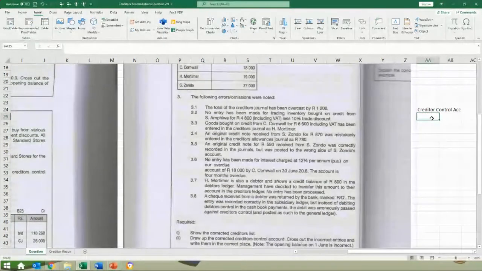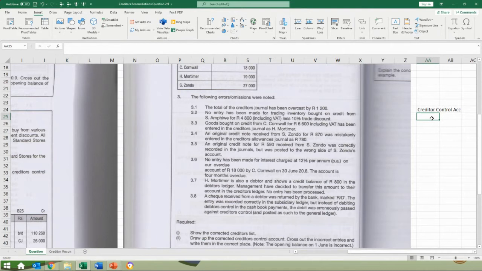Anyone else? You have a 50-50 chance of getting this right. Okay, Nakuviana thinks exclusive.